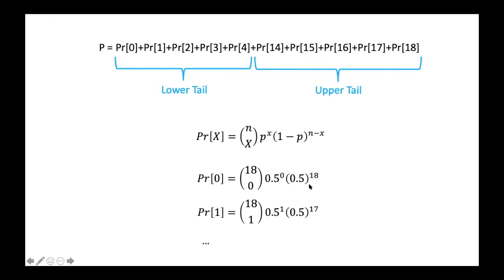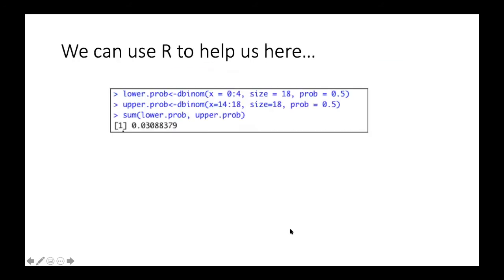Okay? And we could expand this out and calculate this probability of getting 0 out of 18 right-handed toads when the true frequency of right-handed toads in the population is 0.5. Okay? So we can take this probability, sum it together with the probability of getting 1 out of 18, 2 out of 18, 3 out of 18, et cetera, to calculate our overall p-value.